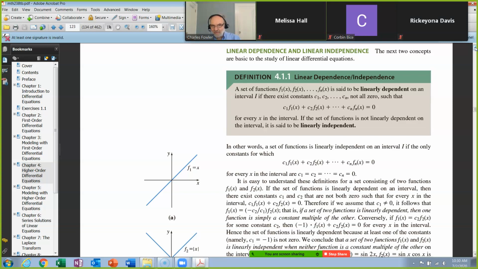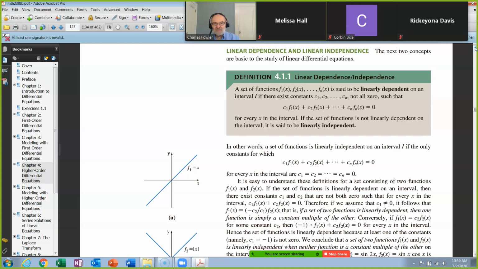Some of them could be zeros, but not all of them, such that c1 times f1 plus c2 times f2 plus c3 times f3 plus c4 times f4, all the way up to c sub n times f sub n of x equals 0, true for every x in the interval.